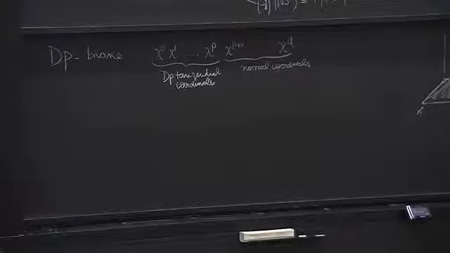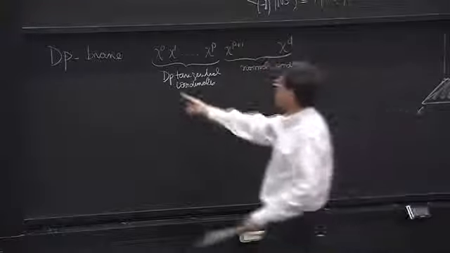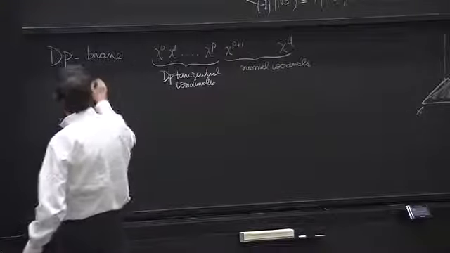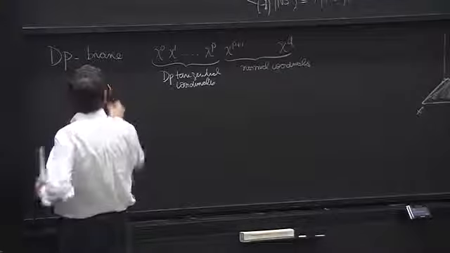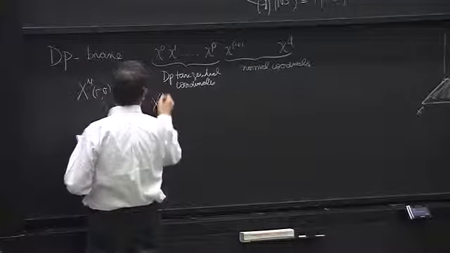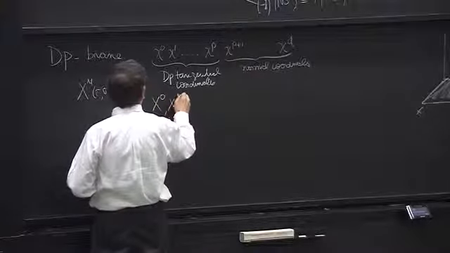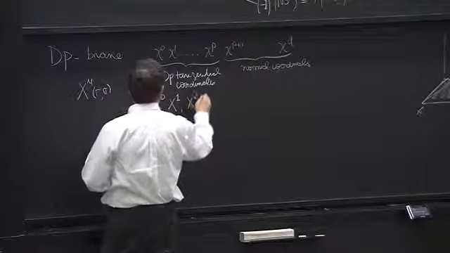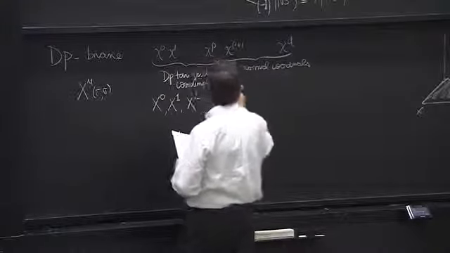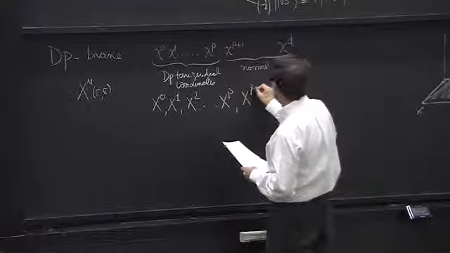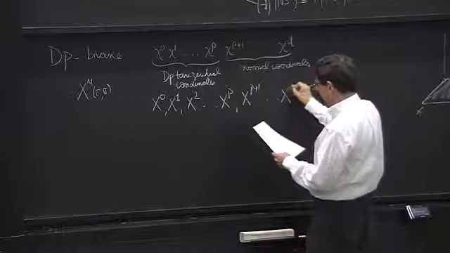So I will change notation here when we talk about the strings. The string coordinate is the x^mu of tau and sigma. We'll have, therefore, the x0, the x1, the x2 up to the xp, and the xp plus 1 up to the xd.